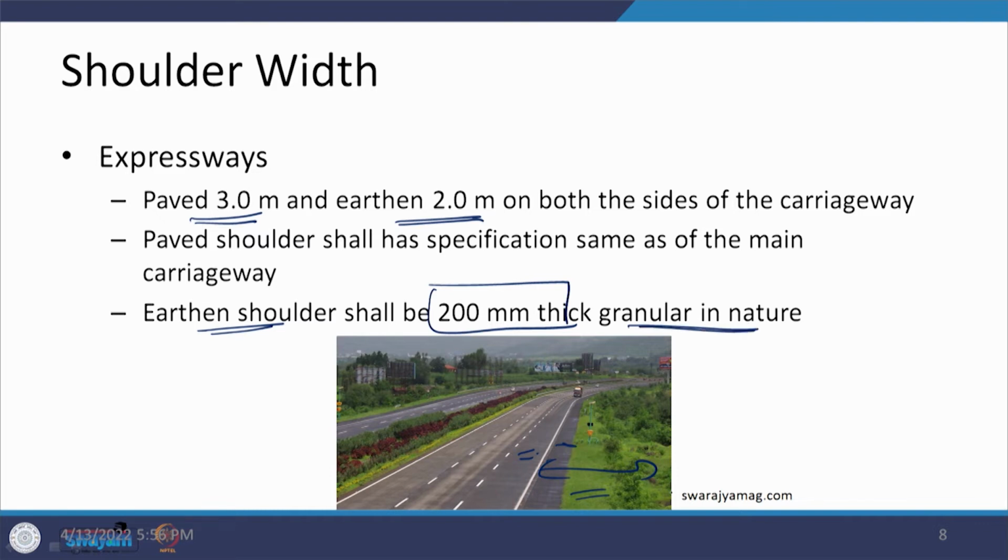So, this is the way the shoulders are going to be provided on the side of the carriageways, and that has to be on either side of the carriageway. It is not on only one particular side. Depending on the conditions in the center, the type of median etc. which has been provided, some changes are going to be there in those.